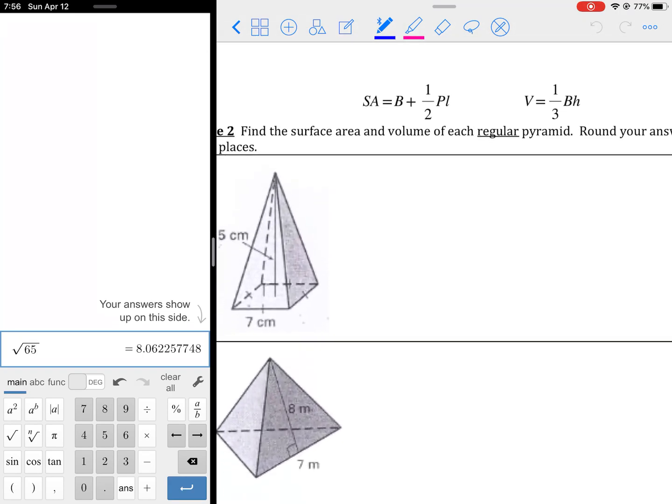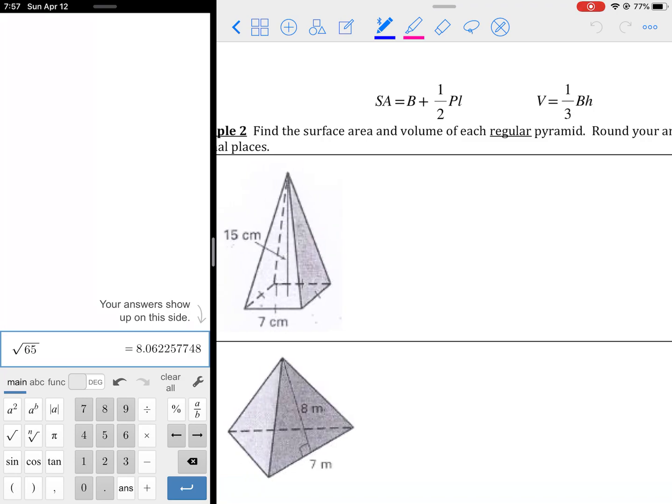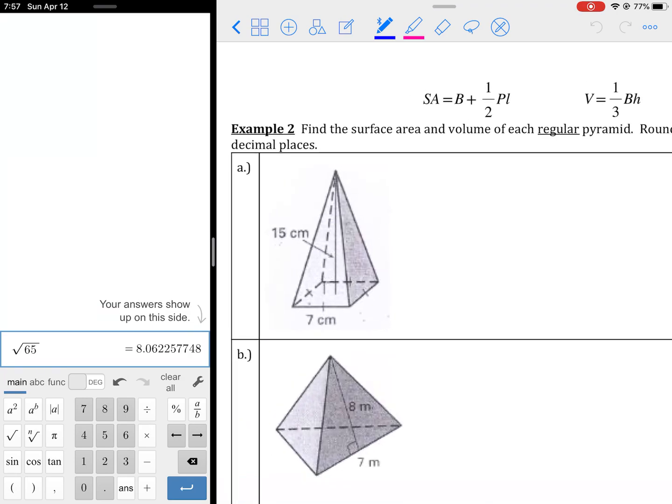We've got our formulas up here. So we have base, perimeter, slant height, and height. Those are the things that we might need to find each of these. So I just need to identify the pieces that I know. The 15 here, since it goes down through the middle of that base, is the height of the entire pyramid. 7 is a side length.